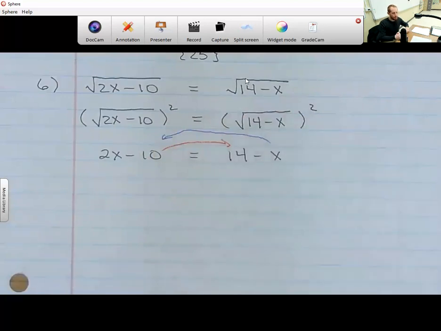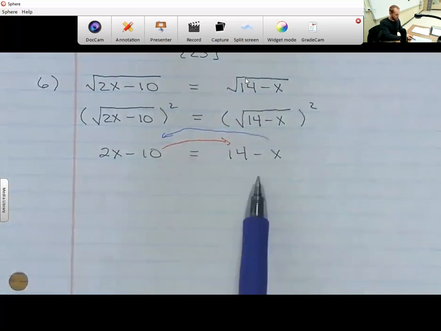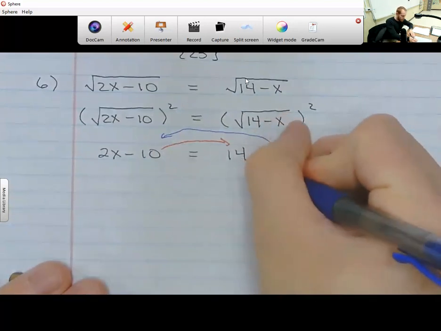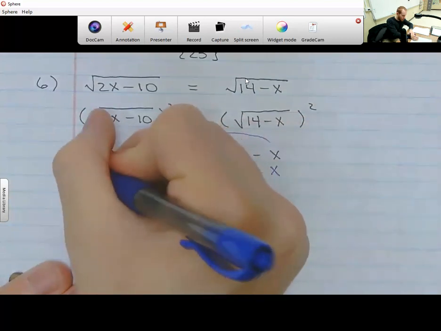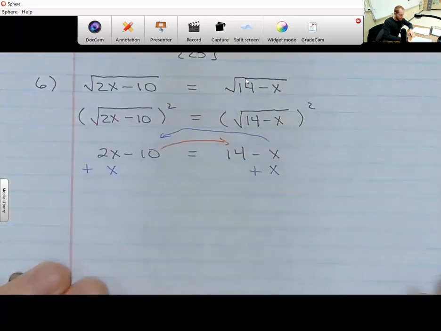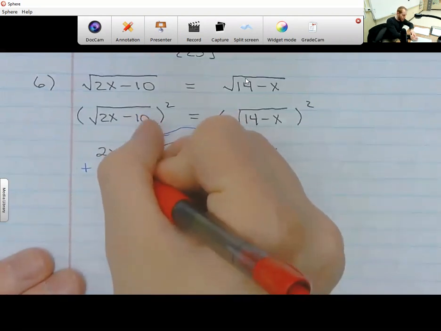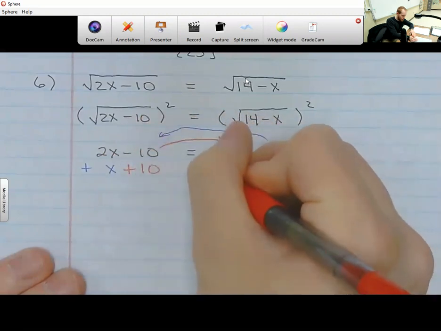That way the numbers can be on one side together and the x terms can be on one side together. So how can I do that? Well, to get rid of this negative x, I can add x to both sides. And then how do I get rid of that negative 10 on the left side? Since it's a negative 10, I'm going to add 10 to both sides.